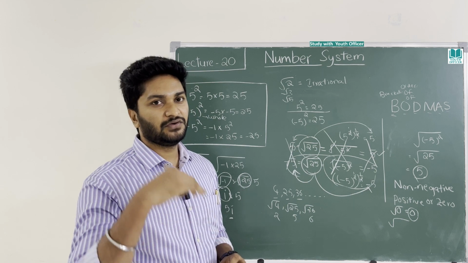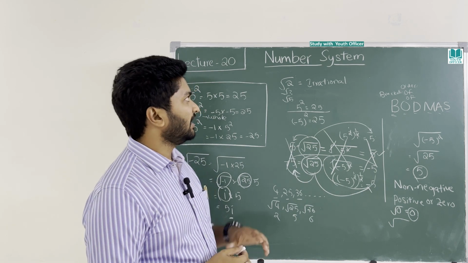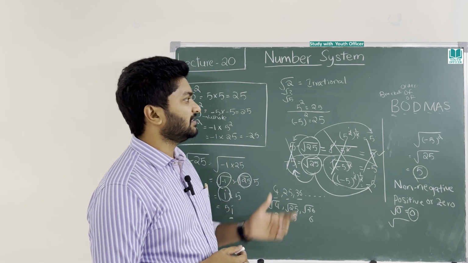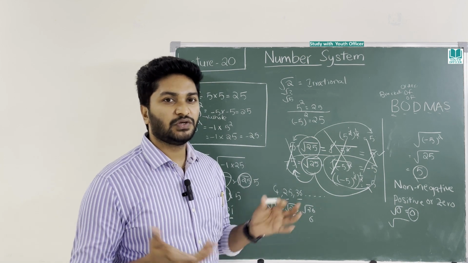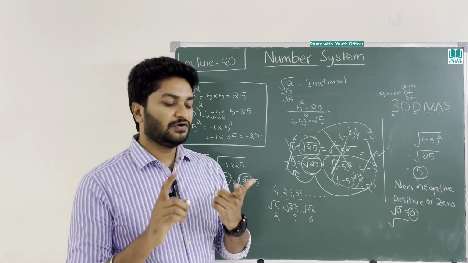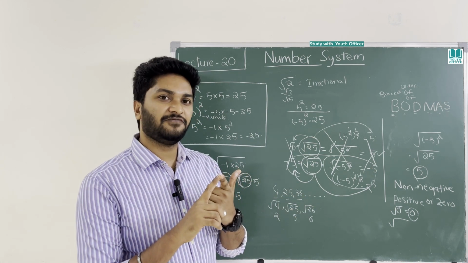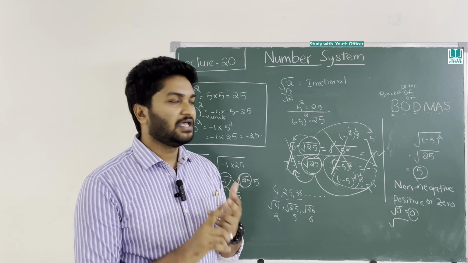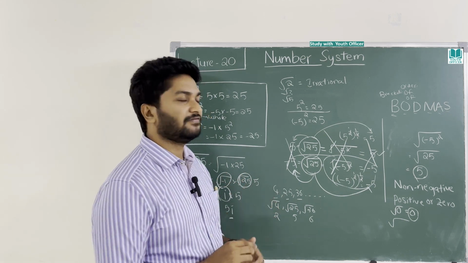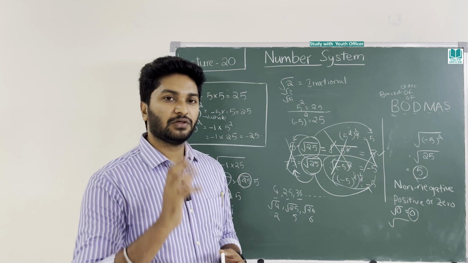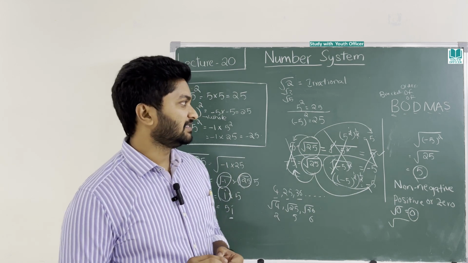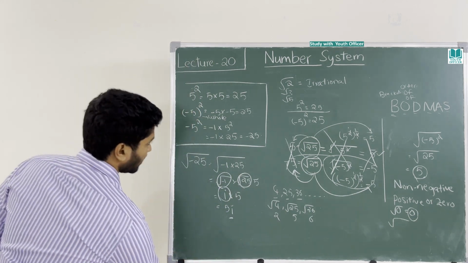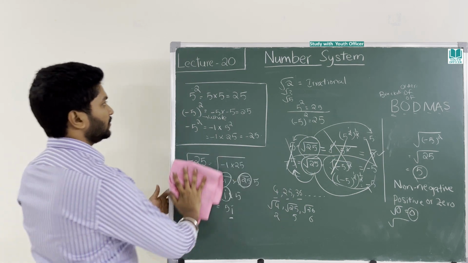If you teach algebra later and use it in this number system, there is no use. You have to teach them algebra in the number system itself before going deep into the concepts. This is my request. I hope these things are very clear to you.